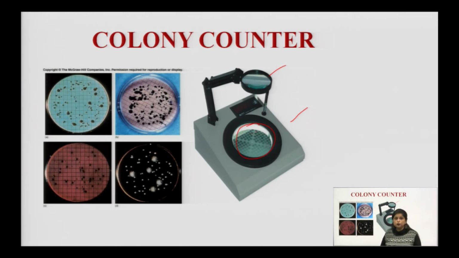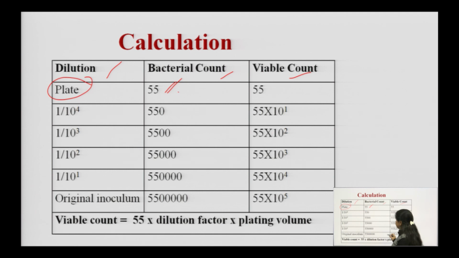So moving towards the tabular representation for the plate which I selected, that was containing 55. Back from the plate, the back test tube will contain 550. If we move backward, it will contain 5500, the next will contain 55000, and the original inoculum will contain this much number of bacteria. You can also represent it in exponential form, 10 raised to power.